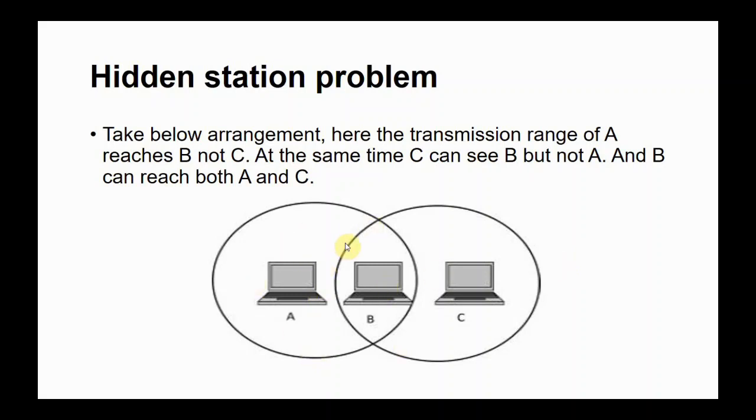Here the transmission range of A reaches B but not C. At the same time, C can see B but not A, and B can reach both A and C. In this hidden station problem, node A sends a packet to B and C is not aware of that, because it's out of transmission range of A. Now C also sends a packet to B, sensing the channel is free.